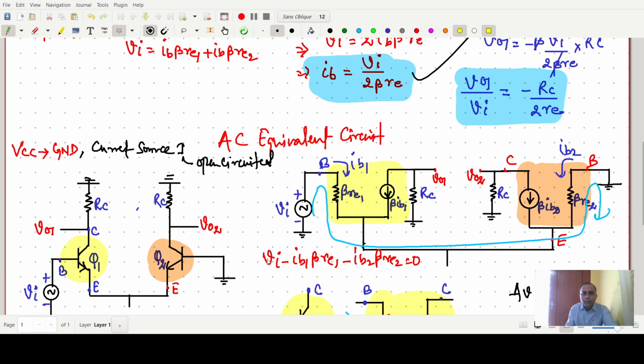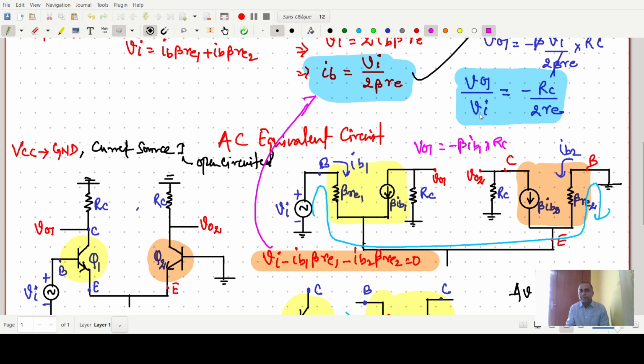If we solve, the same expression will come, and then we have to put it in the V naught 1 expression. Once again, V naught 1 is simply minus beta IB1 into RC, and IB1 is IB.